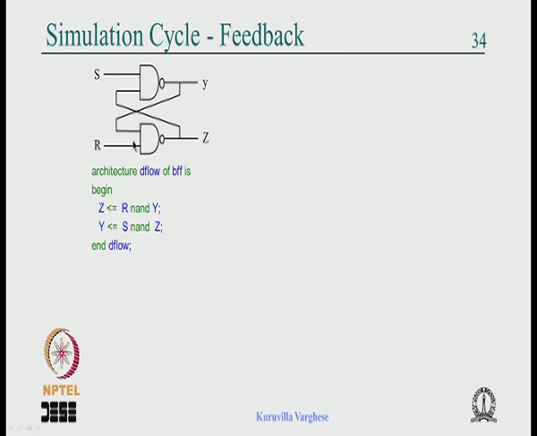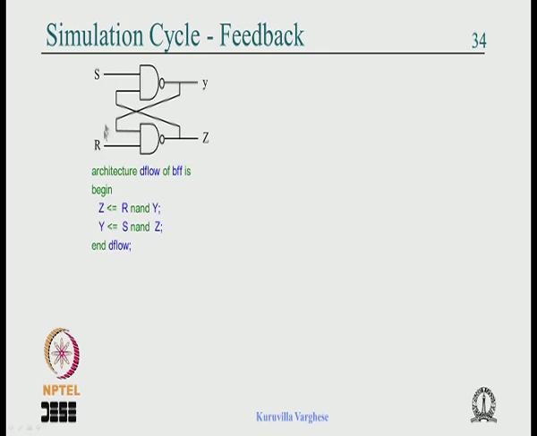Suppose you want to set this, then you make it 0 and this 1. This 0 will force the output to be 1, and this 1 and 1 will make this 0, and it comes and reinforces. Then it can go to the memory mode, 1 1.